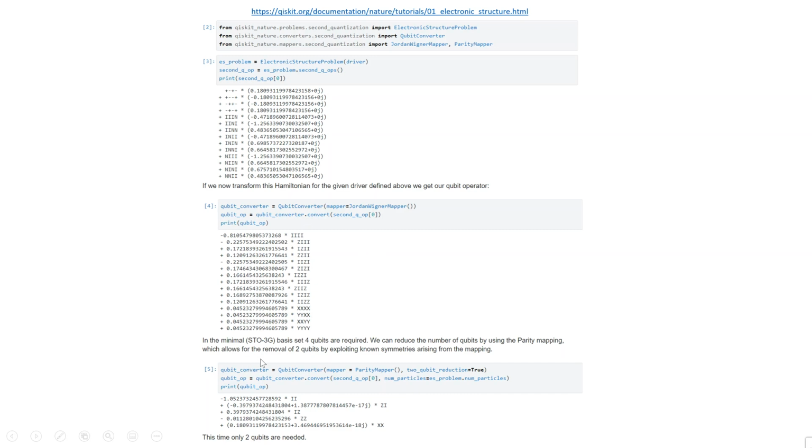I think I'm talking too much, so I'll speed up a bit. And you can also watch this video at 2 times speed. I just wanted to show here that if you use a different kind of mapping, like a parity mapper, and use this 2-qubit reduction, which searches for symmetries in the original problem, symmetries are always a great way to reduce a problem because you don't have to carry around the information.